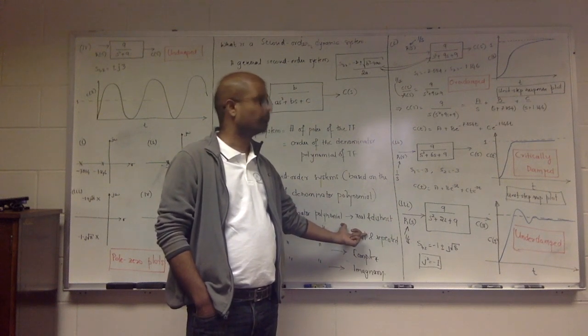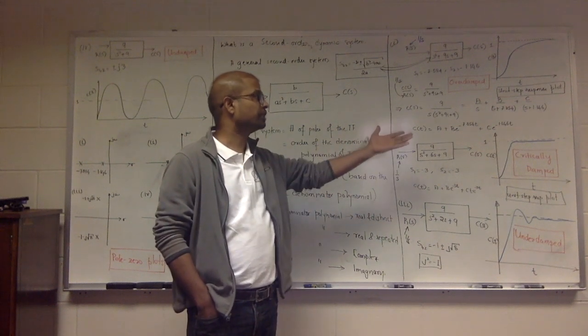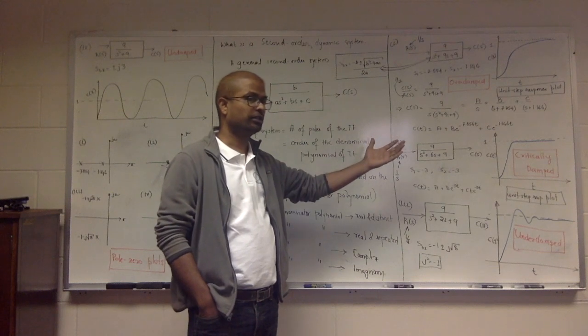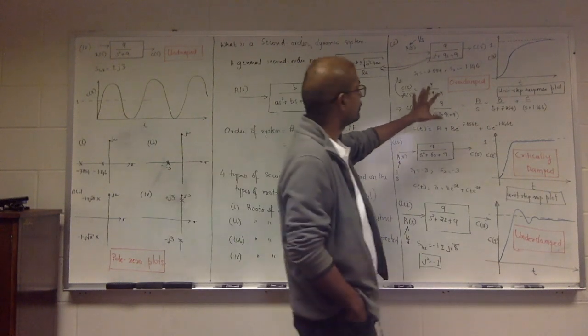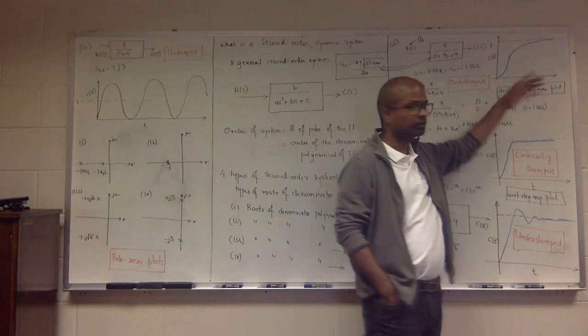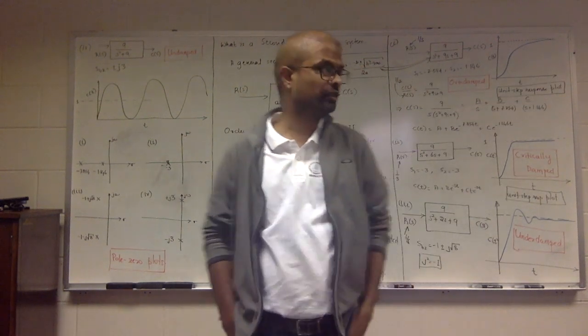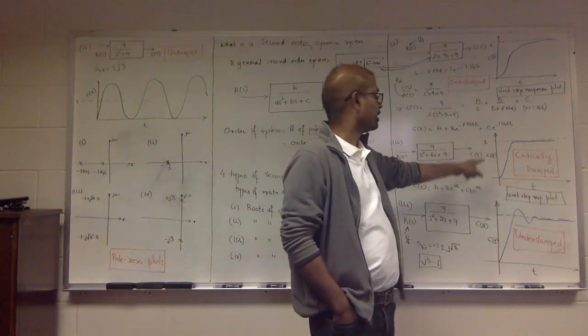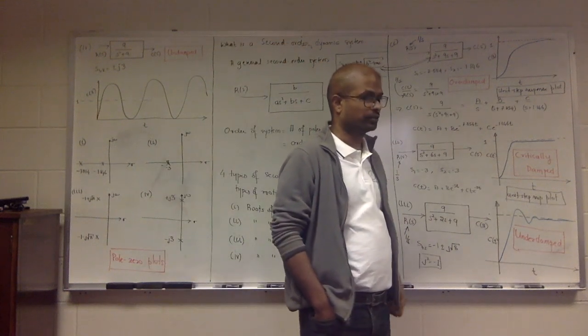The plot will show that it is an over-damped system, but even if you do a unit ramp response plot, it will look something like this. It will show that the system is over-damped, critically damped, or under-damped.